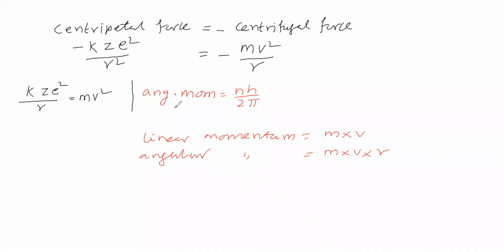So this angular momentum is equal to m v r. We substitute that m v r. So v is equal to n h by 2 pi m r. From this we are getting v. Substitute this v here. What value will we get, you see.